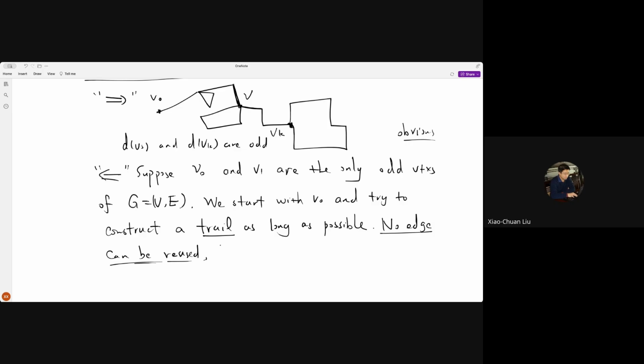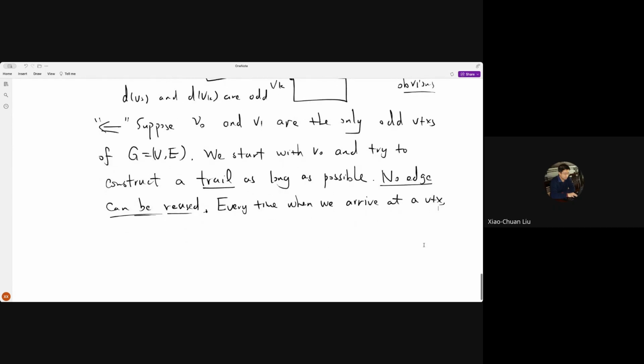So every time, let's analyze the situation. Every time we arrive at a vertex, if this vertex is not V1, we started from V0.